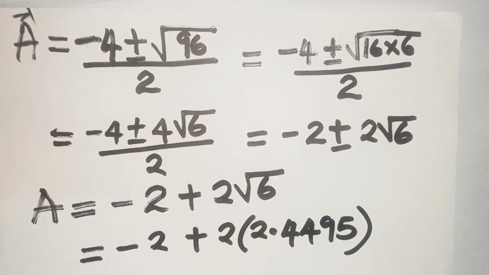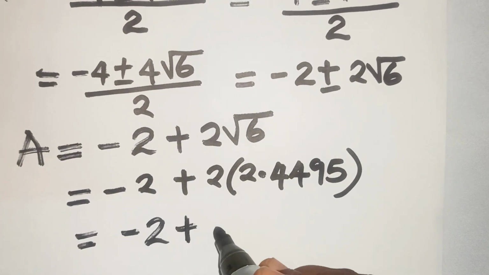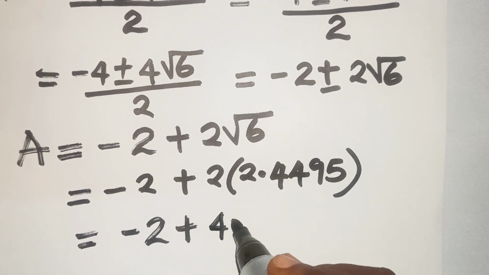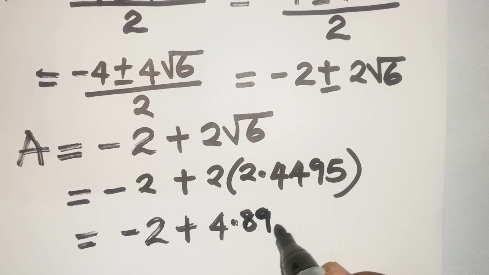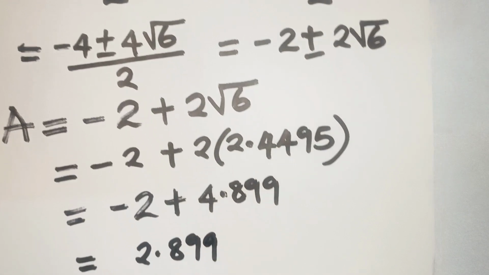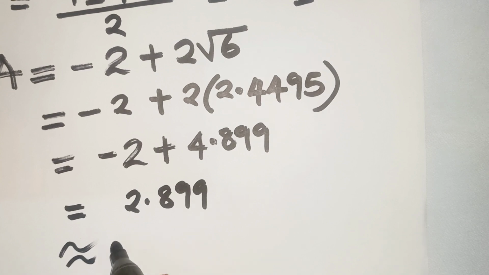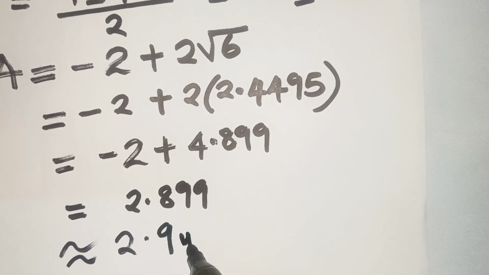Then if we multiply out, we will have minus 2 plus 4.899. So this is equal to minus 2 plus 4.899 is equal to 2.899. Therefore, the magnitude of vector A is approximately equal to 2.9 units.